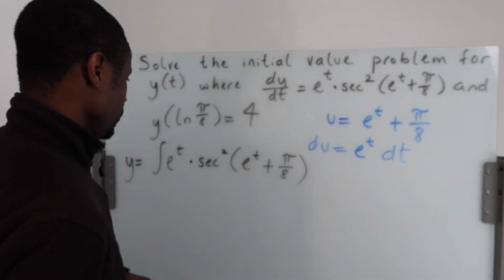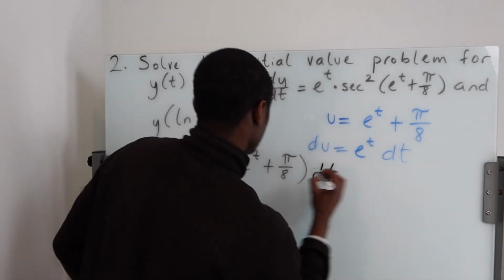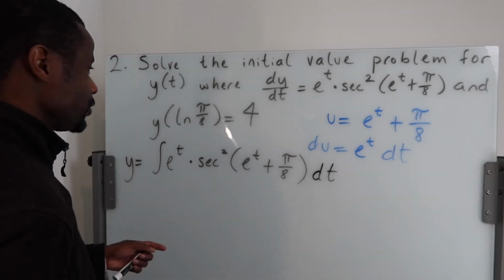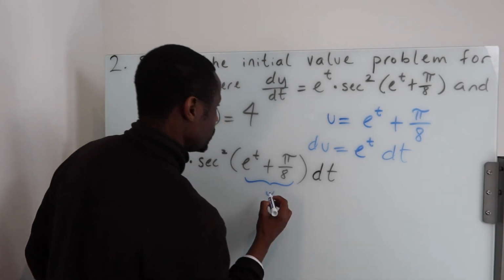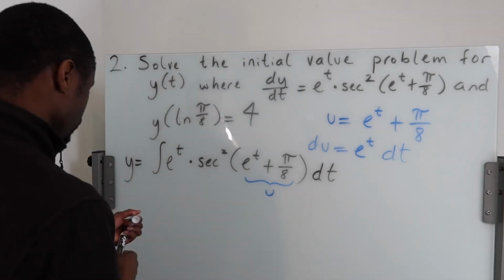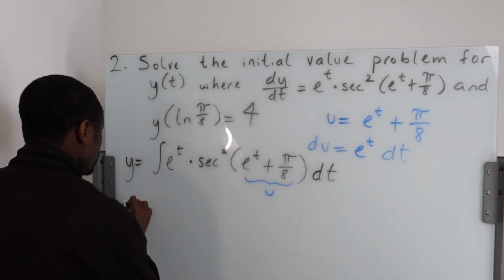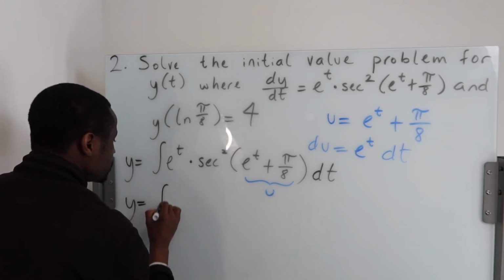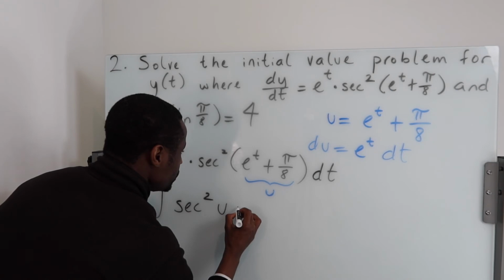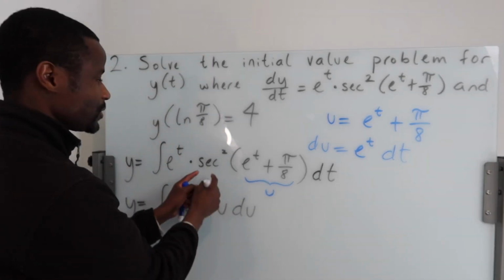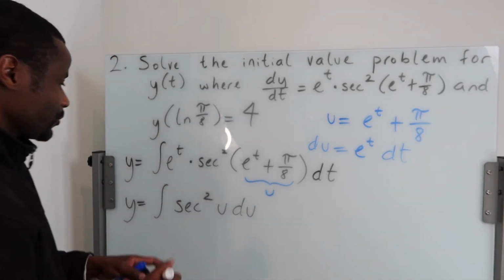And let's not forget our dt here. Now what's our u? Keep in mind, this is u here. What we essentially have here is y equals the integral of secant squared u du.